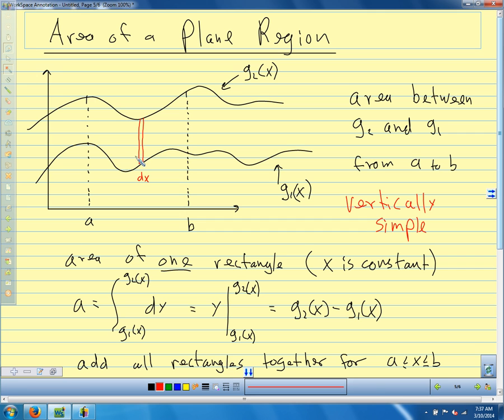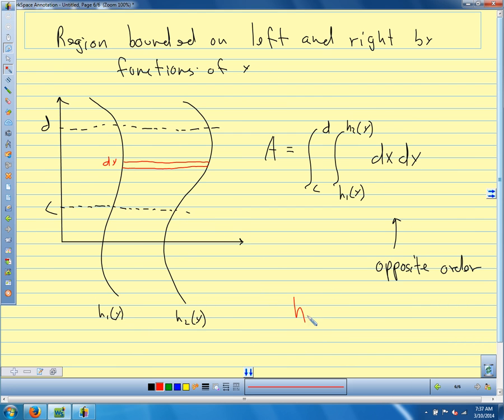And when we draw representative rectangles the other way, we call it a horizontally simple region. The textbook you'll read will talk about vertically simple or horizontally simple, and they'll use that in the context of problems. All their meaning is, are you setting your representative rectangle vertical or horizontal? And sometimes you'll have a choice. How do you want to set it up? Do I want to set my rectangle vertical or horizontal? Sometimes one way will make your integrals easier to evaluate than the other.